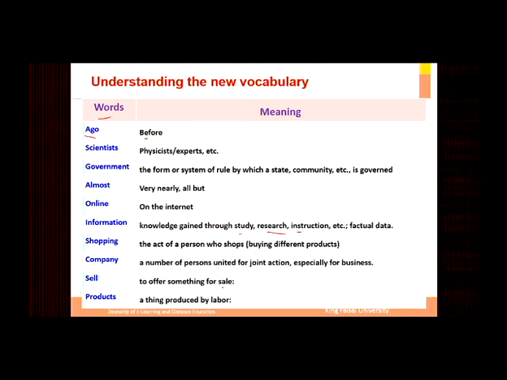When you sell something, it means you have something and you want people to buy it from you. Product refers to a thing produced by labor. When there is more than one worker who is working or manufacturing something, we say, well, this is the product. Specifically, if we deal with a factory where we have more than one worker, the result is what we call the product.